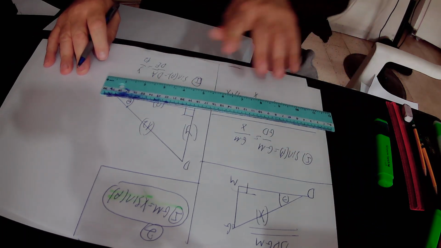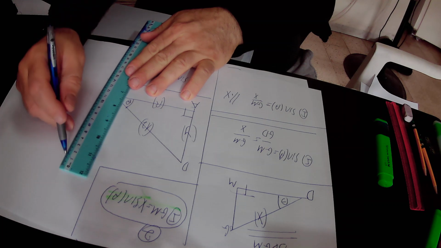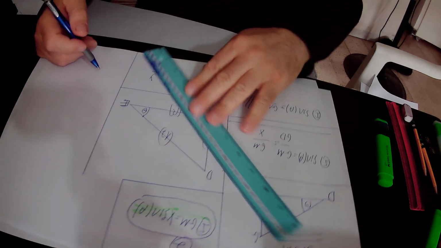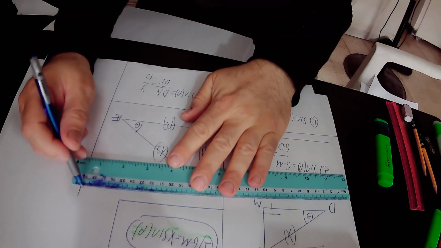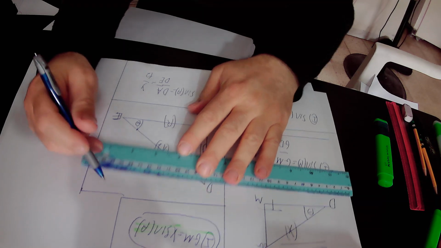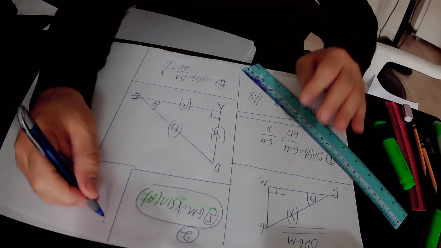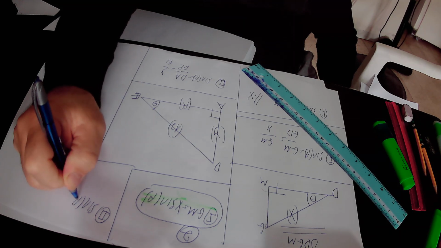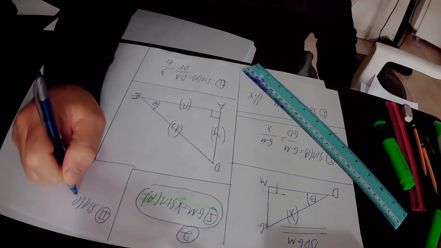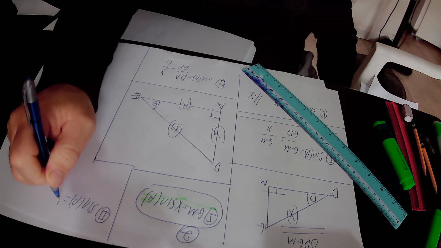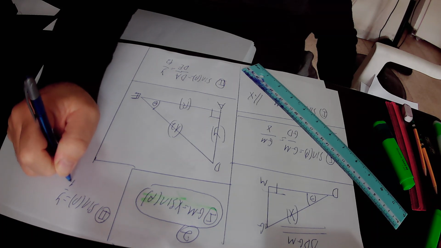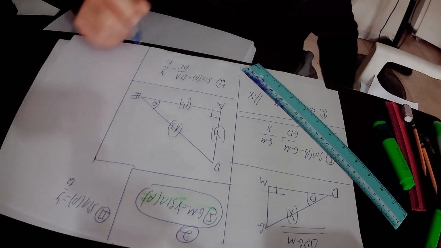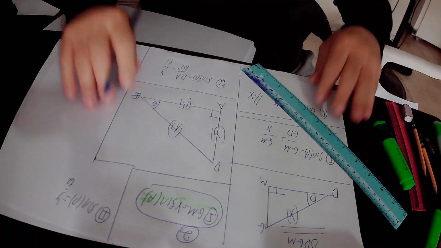So in conclusion, we found out that according to equation 2, sine theta equals Y over 12. This is according to equation 2.